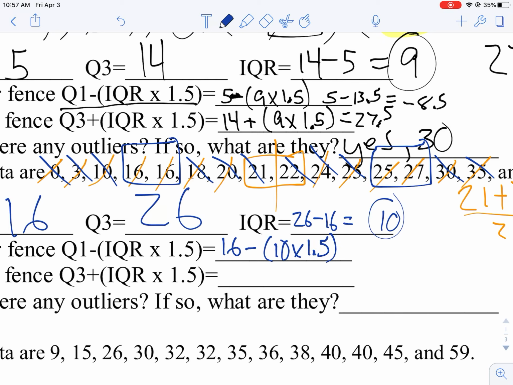Well, last time I checked, 10 times 1.5 is 15. So I have 16 minus 15. So my lower fence is 1.